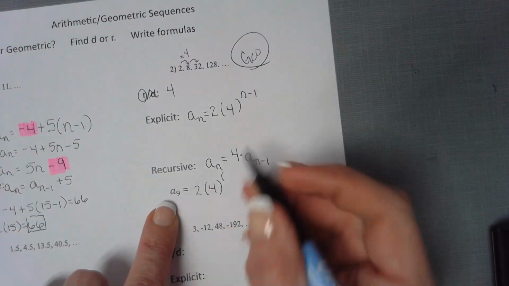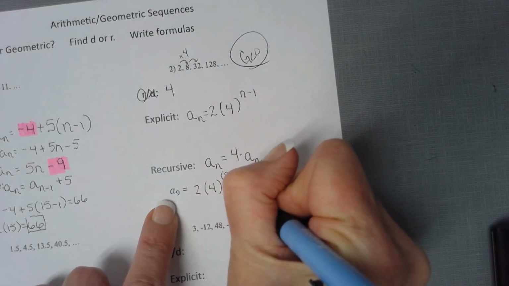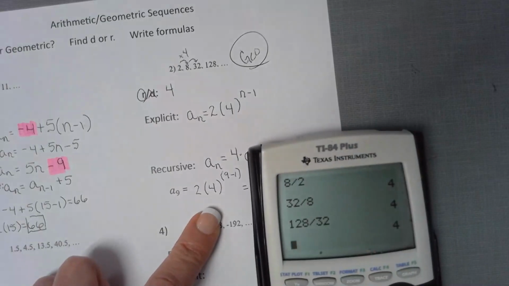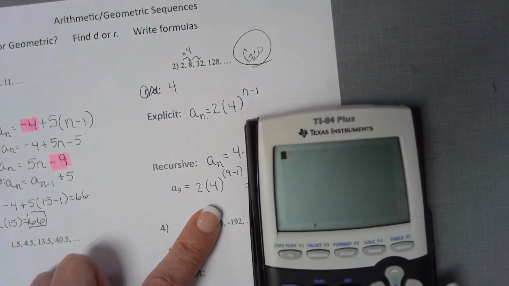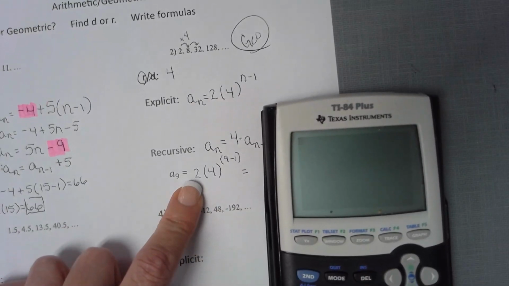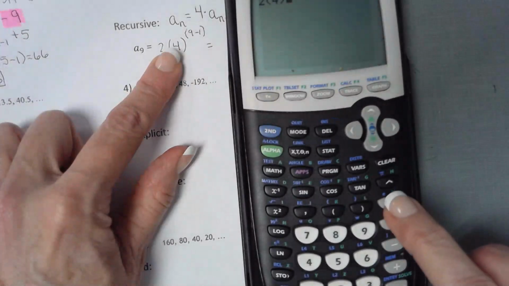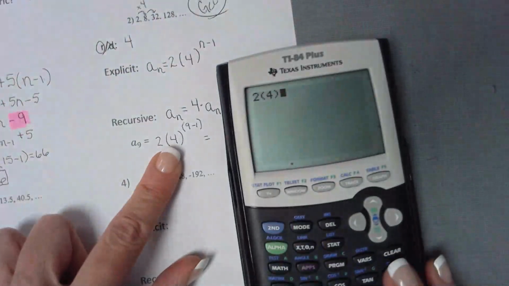The n, since they want us to find the 9th term, is 9 minus 1. Everybody, I really need you to grab those calculators and do this with me. 2, parentheses 4, close the parenthesis. How do I do a power? Caret key, which is right underneath the clear key.